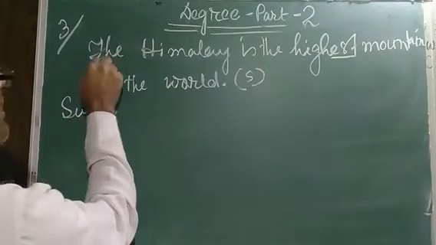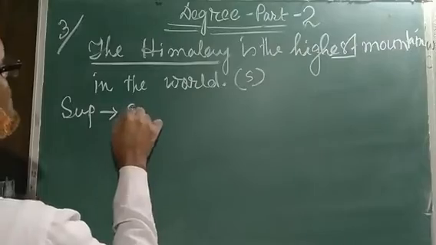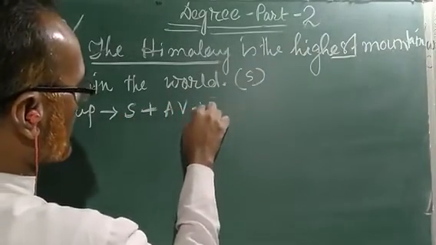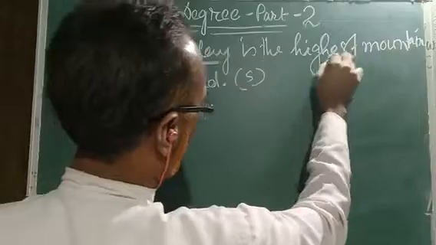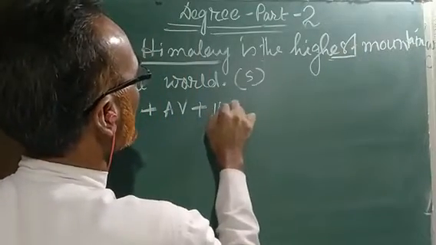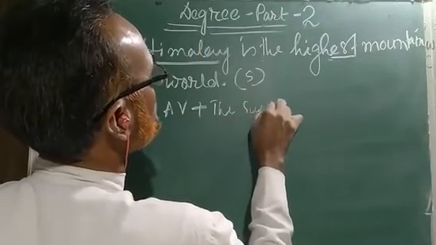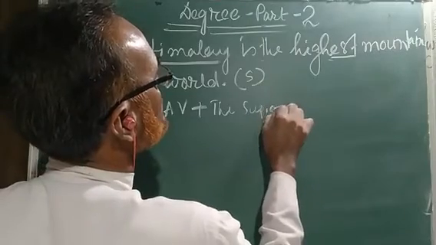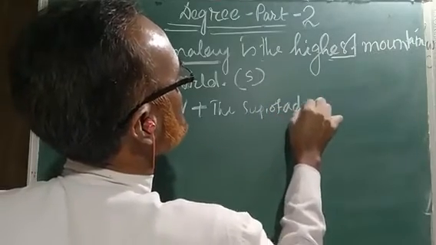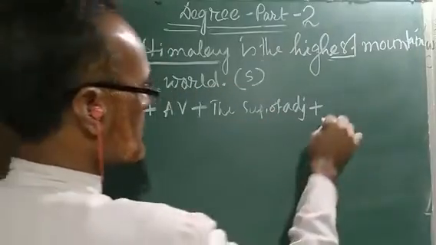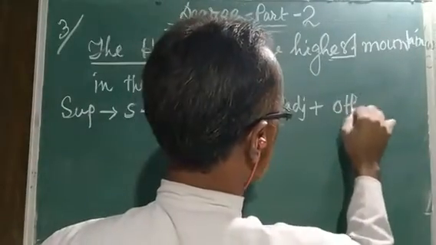The Himalaya is the subject, "is" is the auxiliary or helping verb, "the highest" is the superlative of adjective, plus mountain in the world, which we may say is the other word.